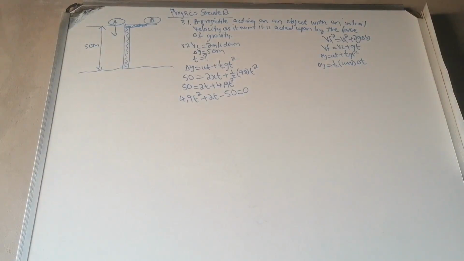Minus b, that will be minus 2, plus the square root of minus 2 squared, which is the same as 2 squared. For every number that is negative, all in bracket squared will give you a positive number. Minus 4 into a, 4.9, into c, negative 50, divided by 2 into a, 4.9.